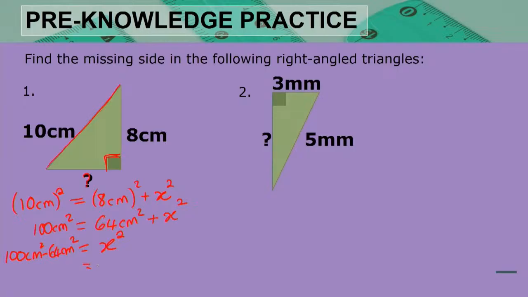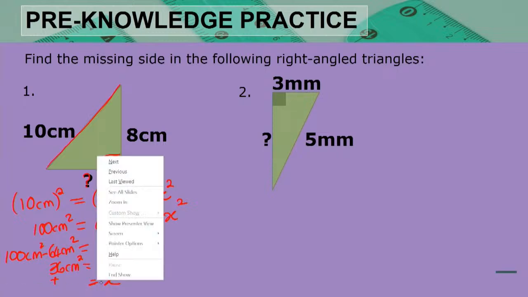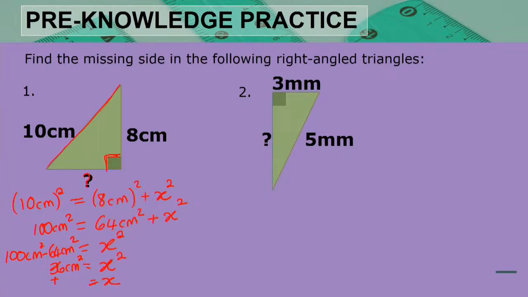So now we have x squared is equal to, what is 100 minus 64? That is 36 centimeters squared. And then what would be our answer here? We know that x will be equal to a plus or a minus 6 centimeters. But because we are working with length, we are just going to say x is equal to 6 centimeters.